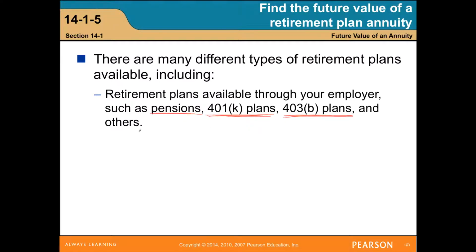So one thing to keep in mind is that a lot of times I find that people mistake Social Security as a retirement plan, and it's actually not meant to be that.